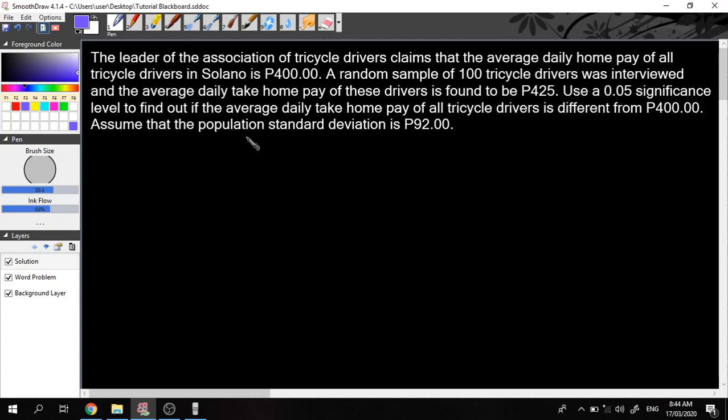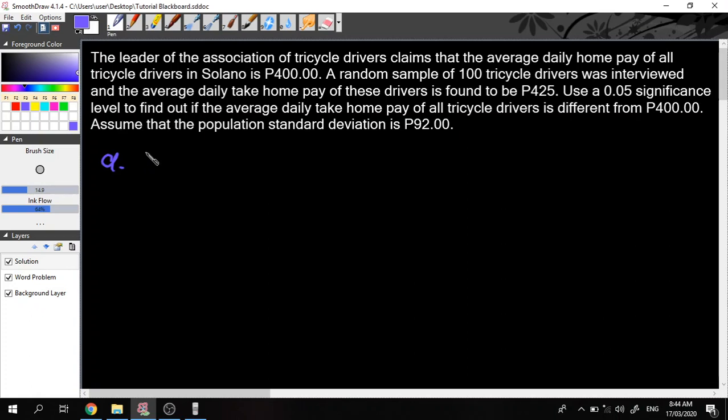So, first step natin, letter A. We need to state the null and alternative hypothesis.